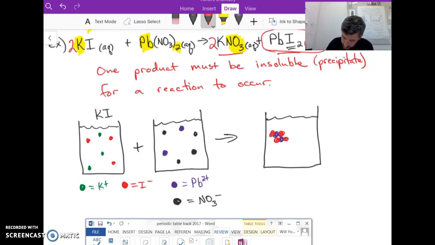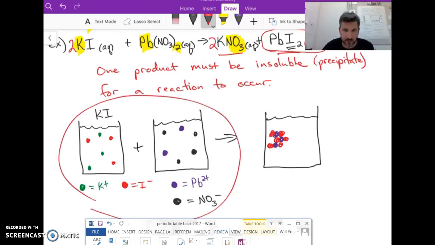They're going to all kind of clump together like that. And that coming together is what actually makes this a reaction, because if that doesn't happen, then all I'm doing is taking my ions that I had over here on the left and putting them in the same container. If 2 of them don't come together to form a precipitate, then I haven't done anything.